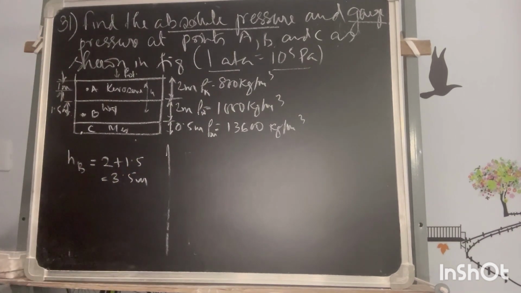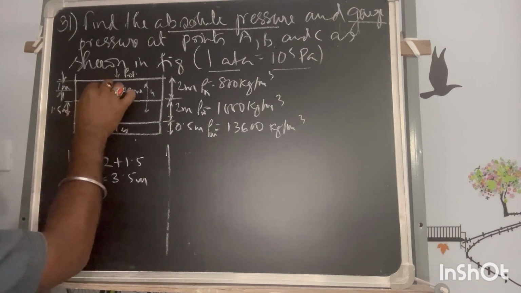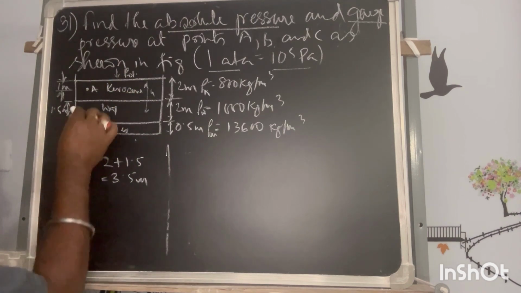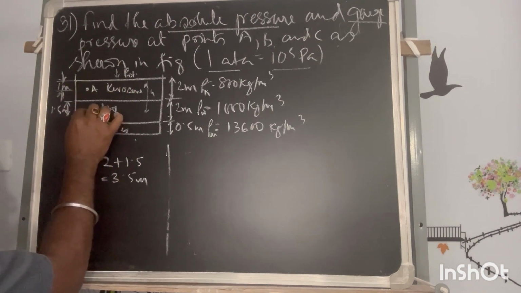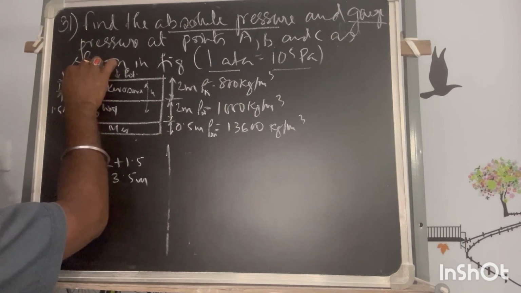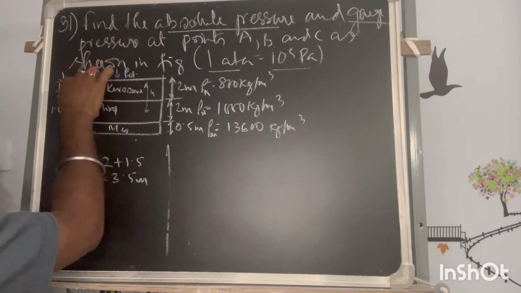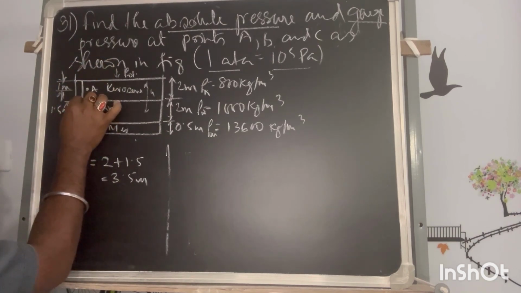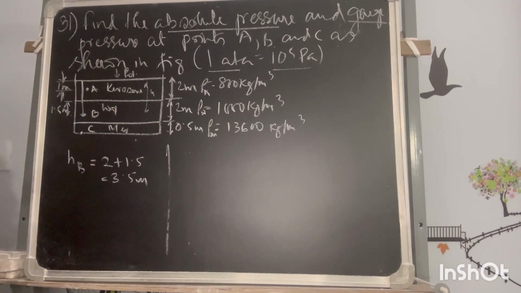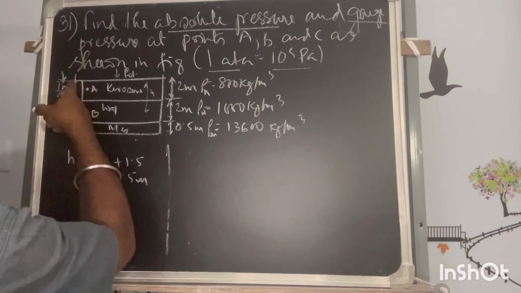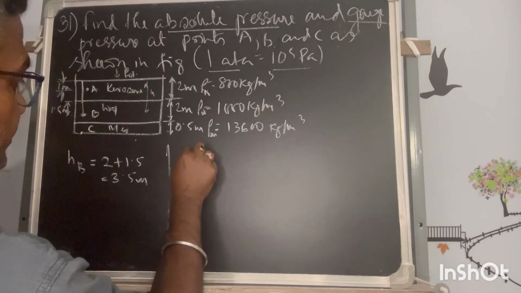That is done. Now what is the pressure here? The pressure here can be calculated by pressure for that kerosene total column and the pressure for this much of the water column.